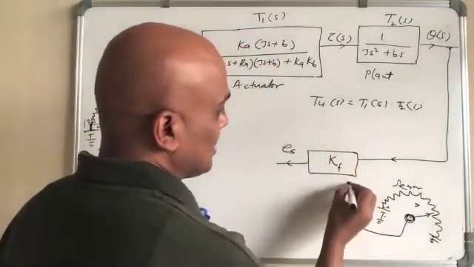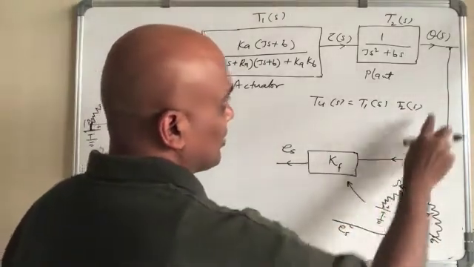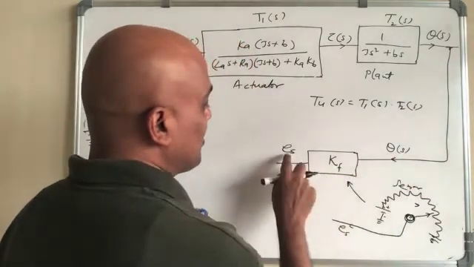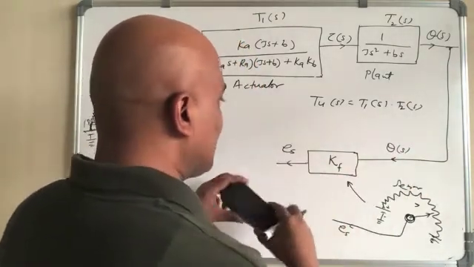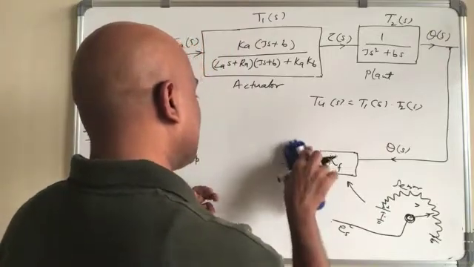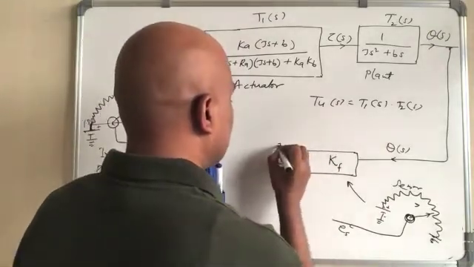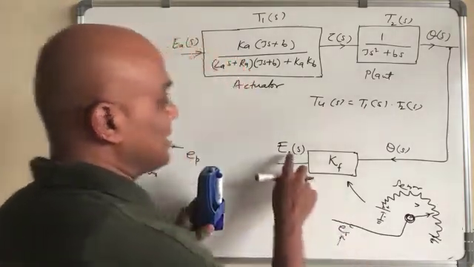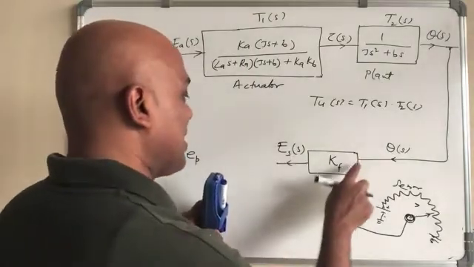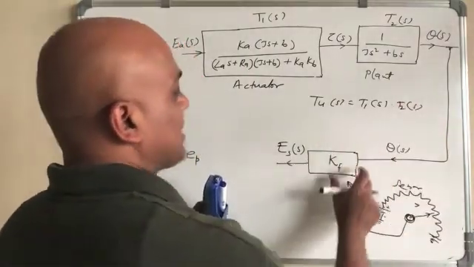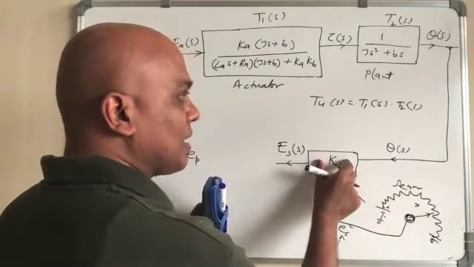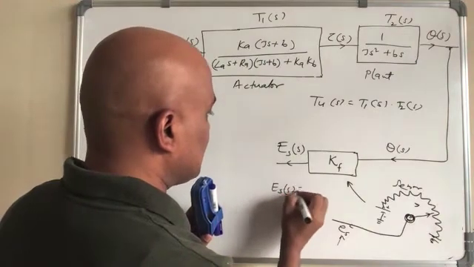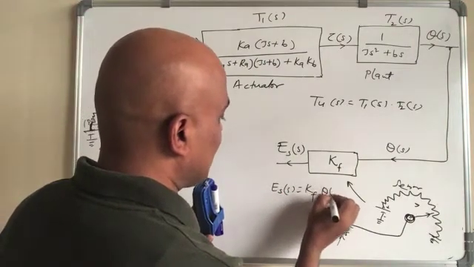The input is theta S, and the output is ES, S for sensor. We are taking the Laplace transform already. The sensor has a gain also, like a constant, such that ES is equal to KF times theta S.